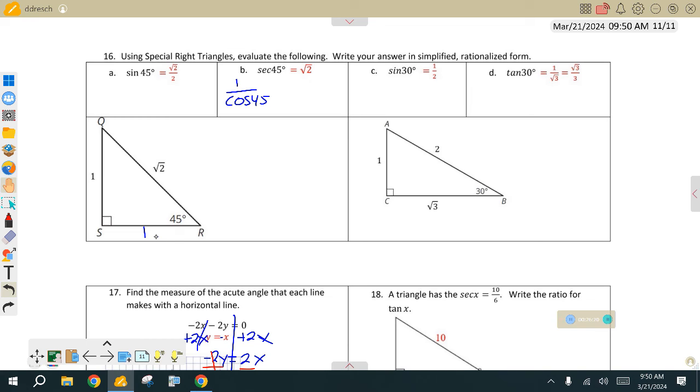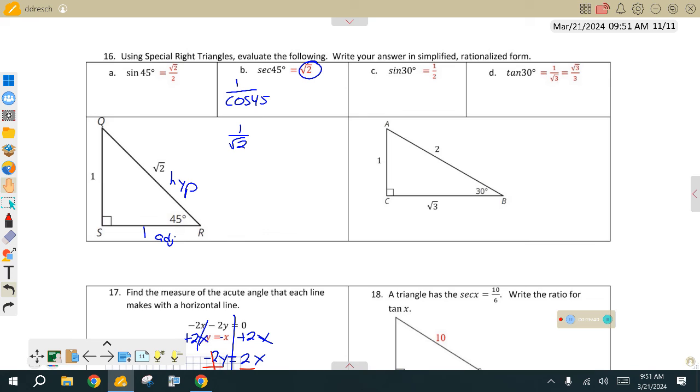Cosine is adjacent over hypotenuse, so cosine is 1 over root 2. Flip it. Once I get the cosine ratio, do its reciprocal. And when I do its reciprocal, I don't have to worry about rationalizing because it took care of itself.